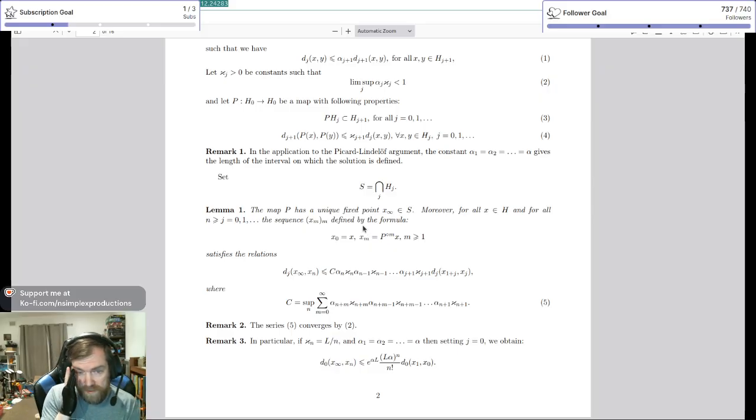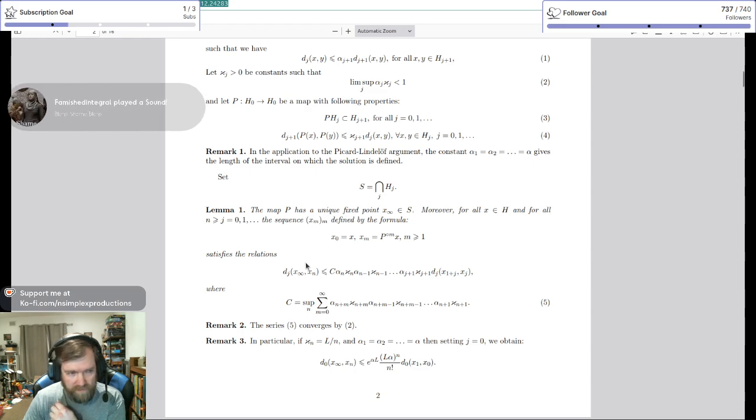So, this satisfies the relations d sub j of x sub infinity, x sub n is less than or equal to c alpha sub m n.